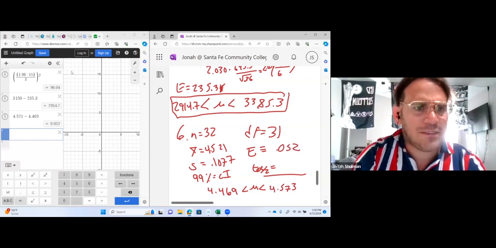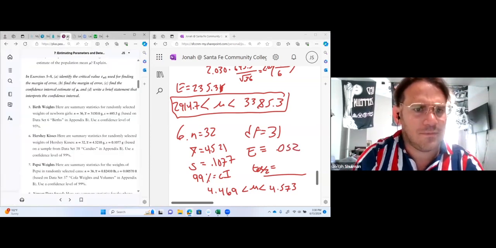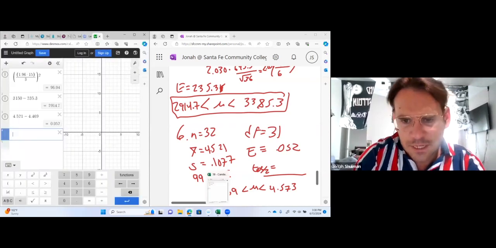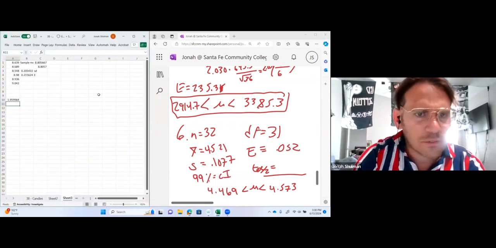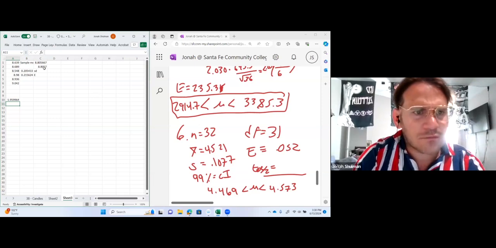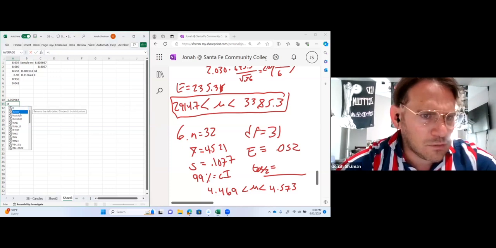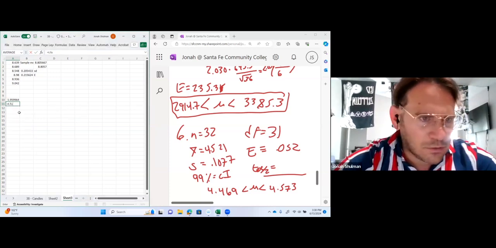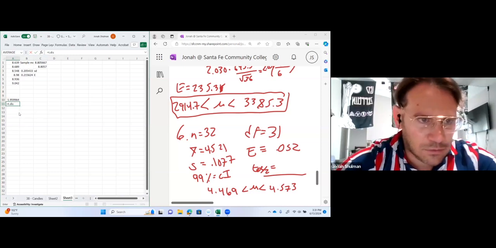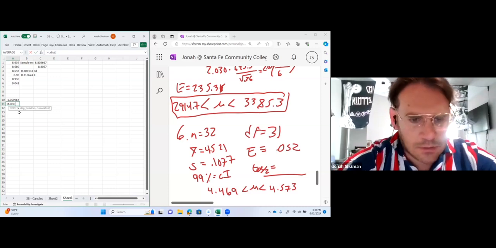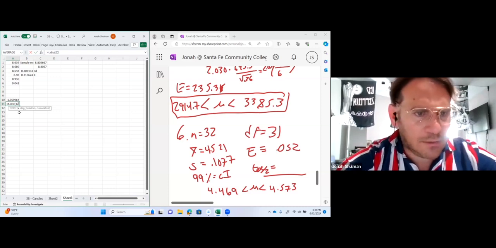And how do we get that t statistic? It's weird it doesn't have something for the critical value. You think it would, right? Let's see if I can do equal t distribution. Our x is 32, right?